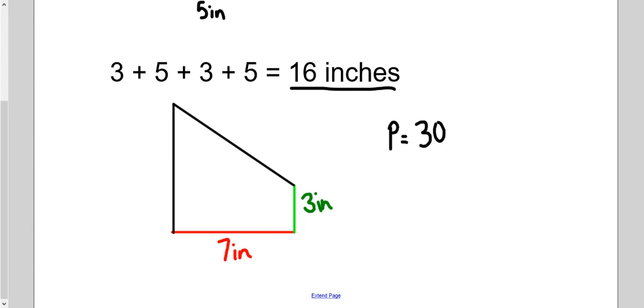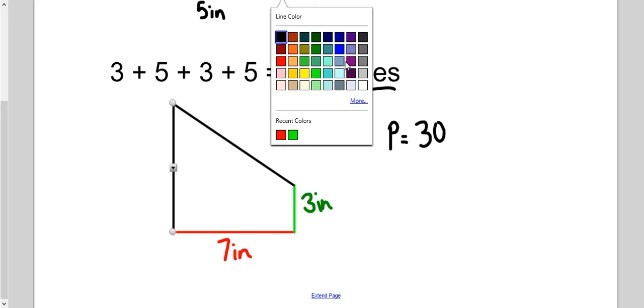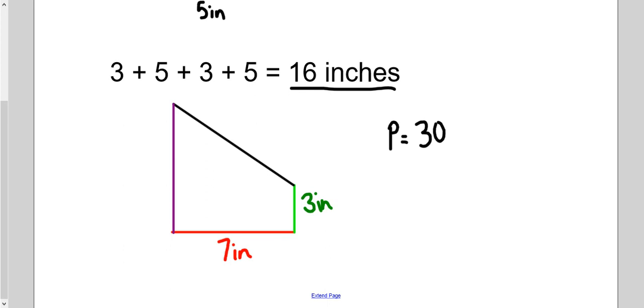And we take a look at this line right here, and we'll change that color to purple. Let's just say that the length of that side is a little bit longer than this one right here. Let's go ahead and go 9 inches.